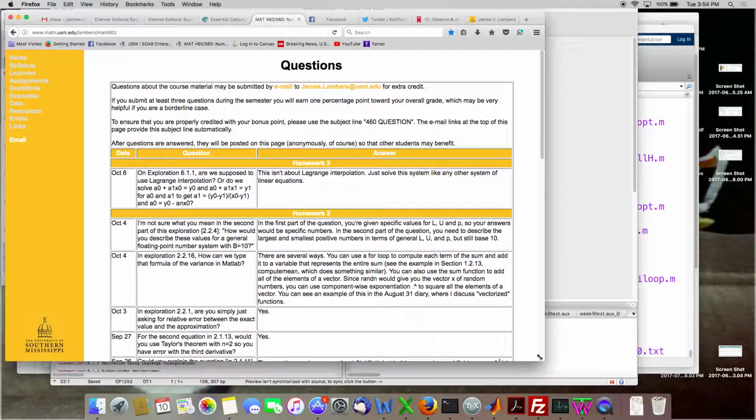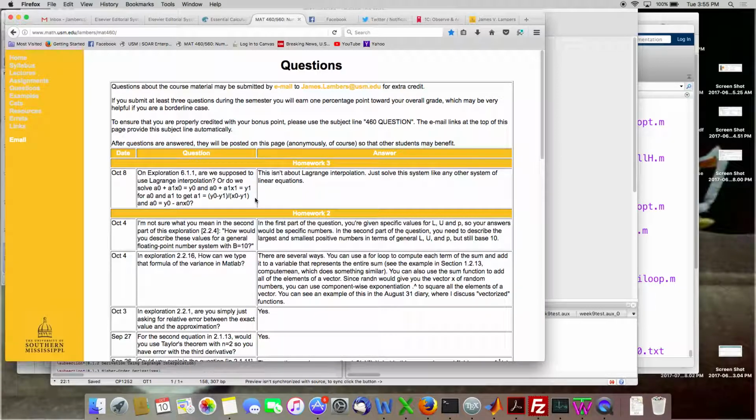Okay, so here for the homework, I'm separating questions by assignment. We've already gotten the first question on homework 6.